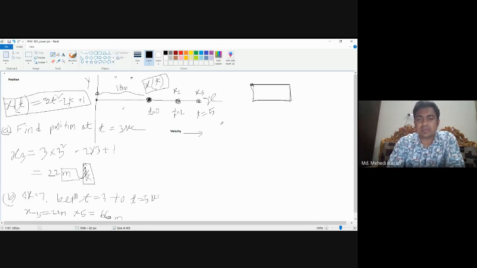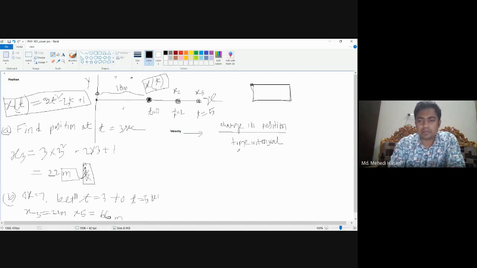So velocity is basically change in position divided by time interval.